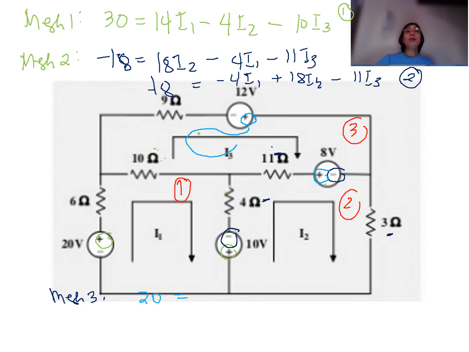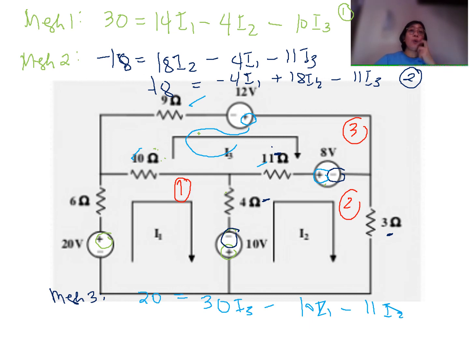Okay, so all resistors connected at mesh number 3 are the 9 ohm, 10 ohm, and 11 ohm resistors. That will give you 30. So we have 30 I3 minus the mutual resistances: 10 I1 minus 11 I2.